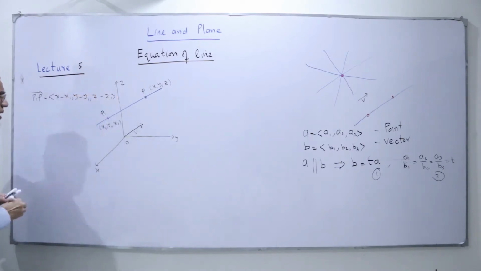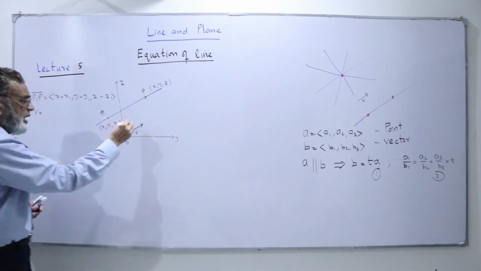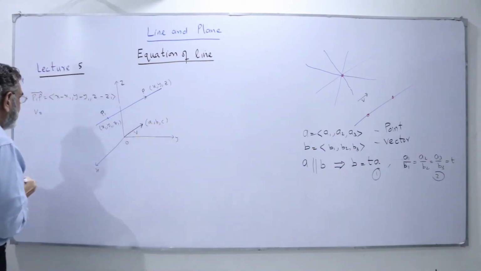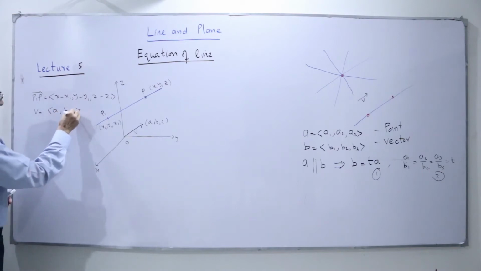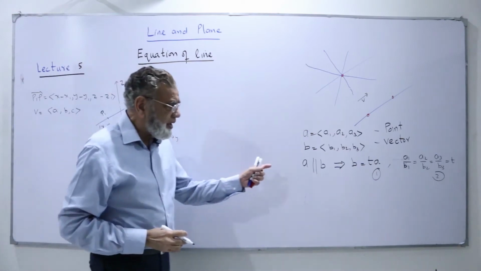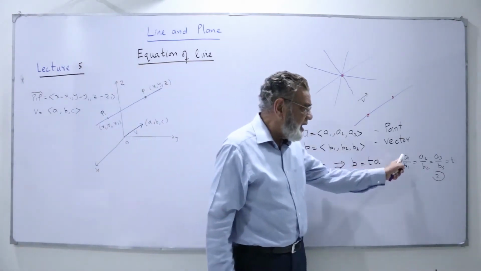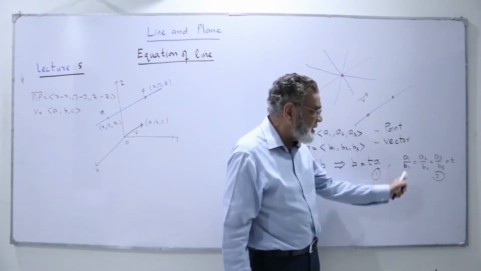Given a vector v, we take the components of this position vector v as a, b, and c. We say these 2 vectors are parallel. When 2 vectors are parallel, then we have the definition that b is equal to t times a, or we can say the ratio of the components of the vectors is equal.